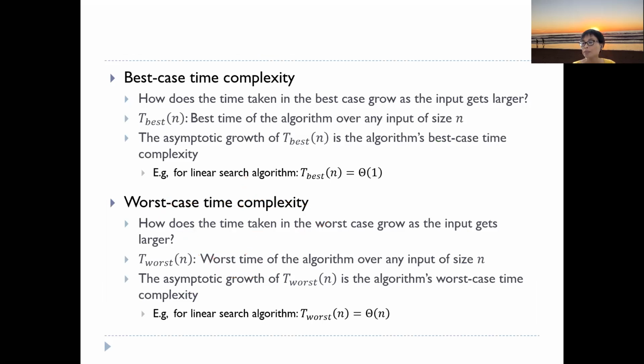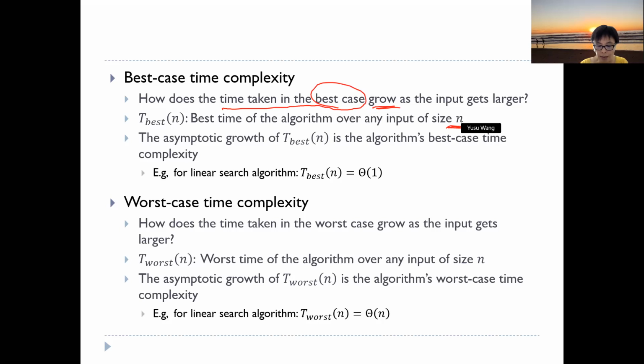Now, that means that we can talk about the best case time complexity and also worst case time complexity. Okay, so what is the best case time complexity? It basically says how does the time taken in the best scenario grow as the input gets larger? Namely, this is a function of n, where n is the size of the input.